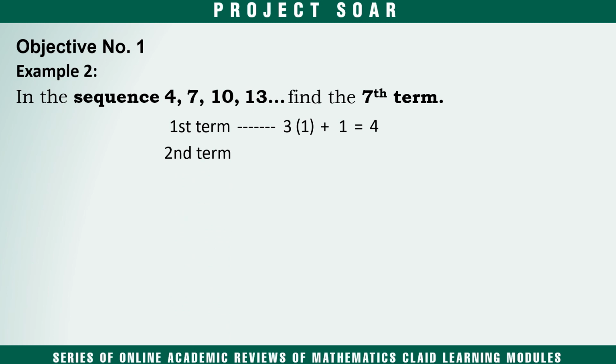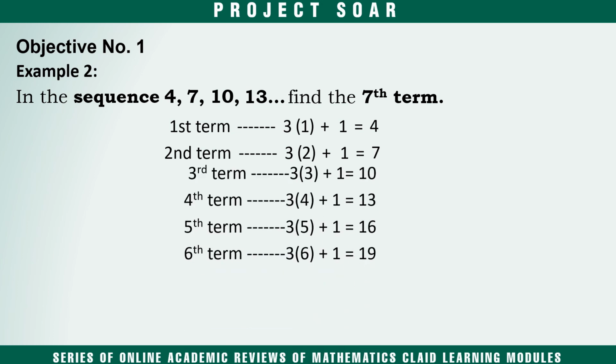Same as the second term, 3 times 2 plus 1 equals 7. And so on for the third, fourth, fifth, and sixth term. So we're going to proceed to the seventh term. 3 times 7 plus 1 is equal to.